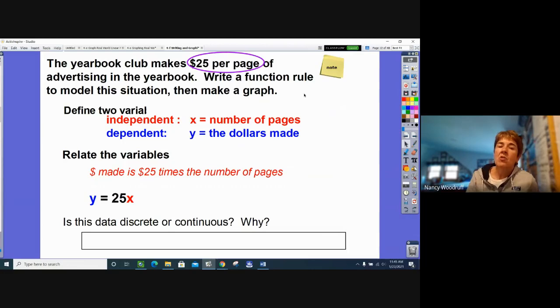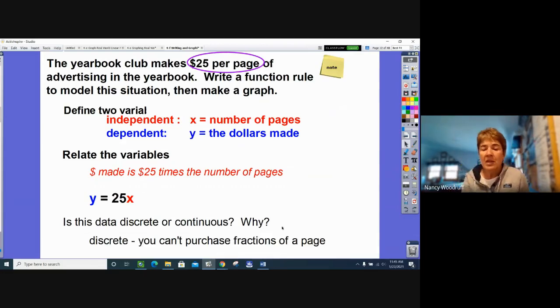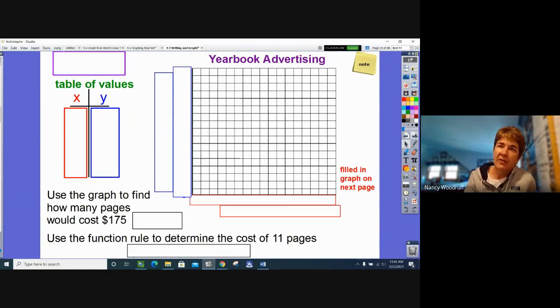And the answer is no. You're going to buy one or two or three. So this would actually be discrete because you can't purchase fractions of a page. Now, having just said that, I think the Ledyard High School actually allows you, I think the smallest is like a quarter of a page, but that's a different problem.